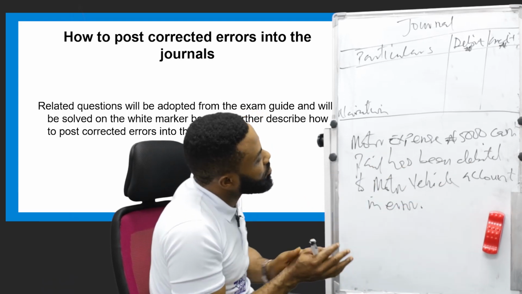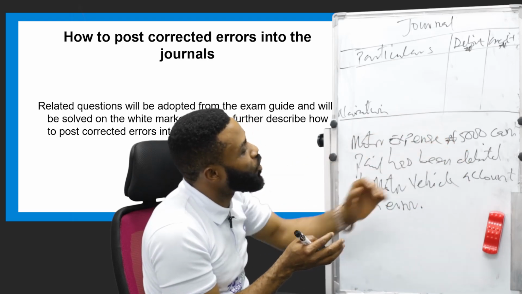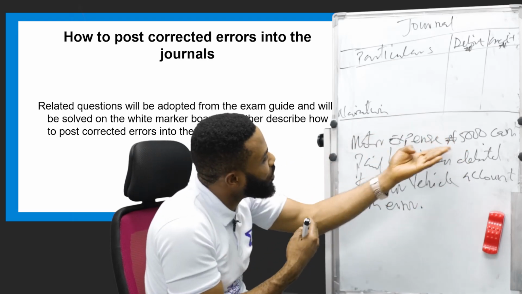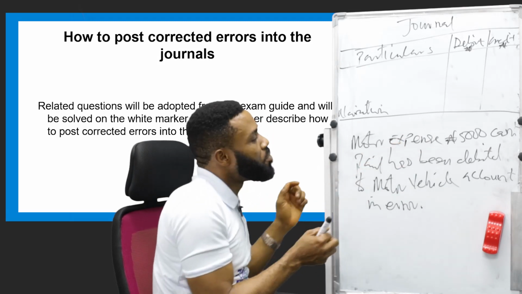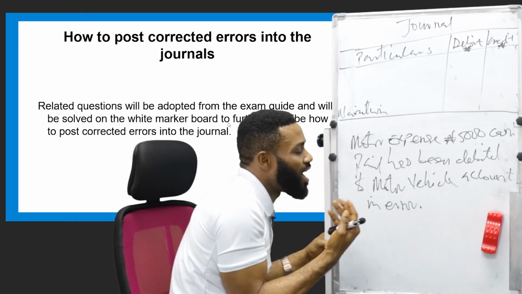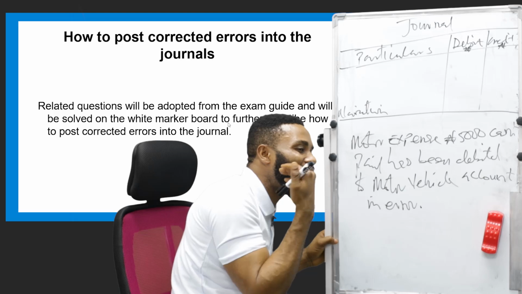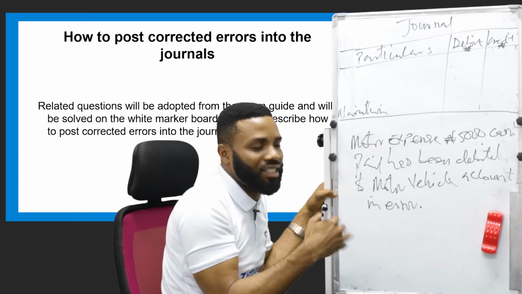Look at this. First of all, for you to appreciate this error, you must ask yourself, what kind of error is this? This is error of principle. Because motor expense, I've explained, is a nominal account. It's an expense, while motor vehicle is a real account, an asset.